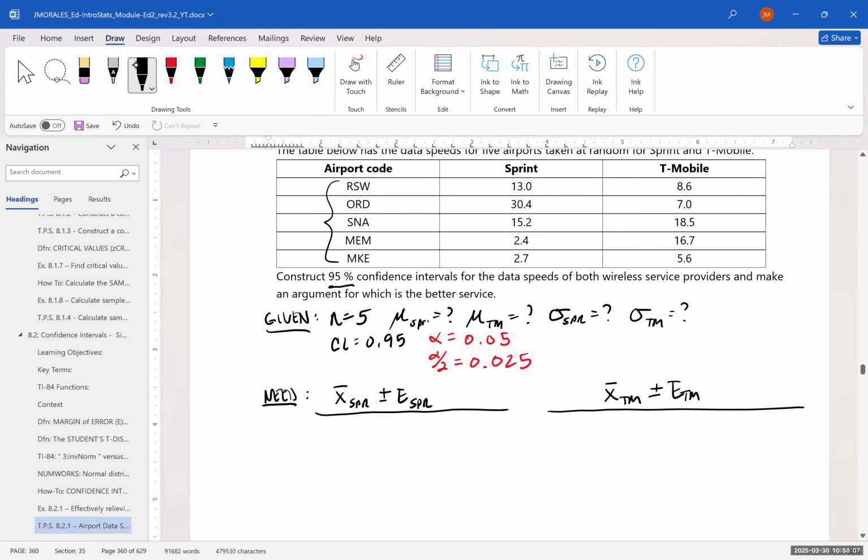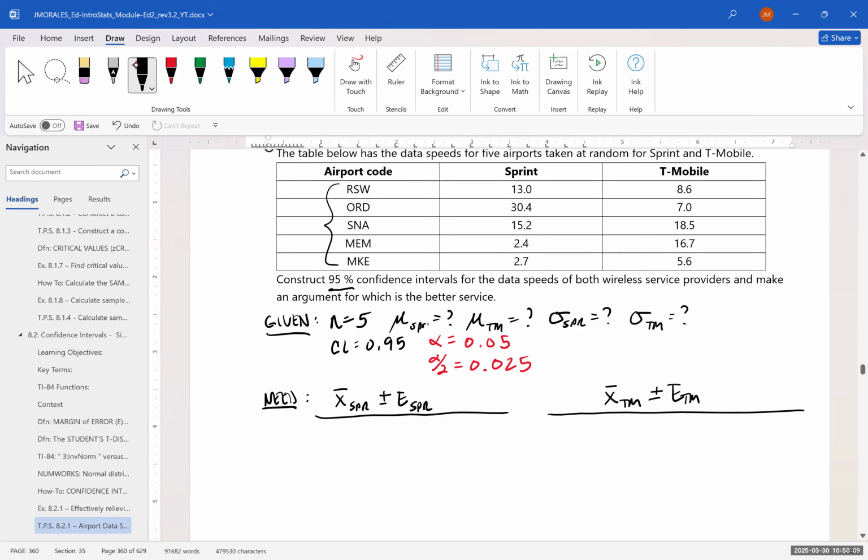So how can we get x bar for Sprint and x bar for T-Mobile? Well, this is where the calculator or spreadsheet software could help. We're just going to use our calculator here.